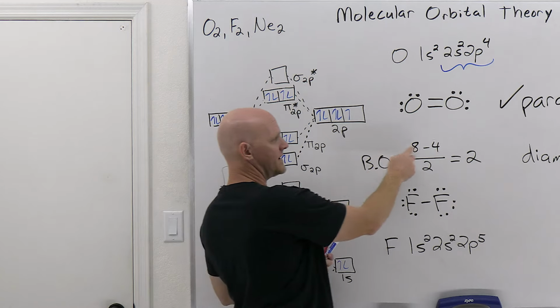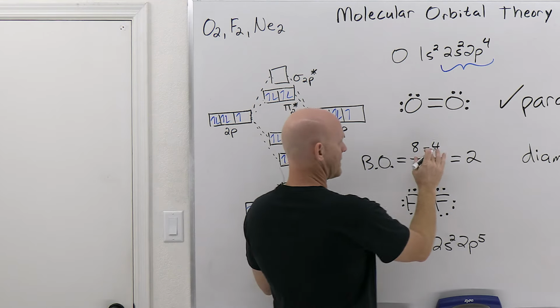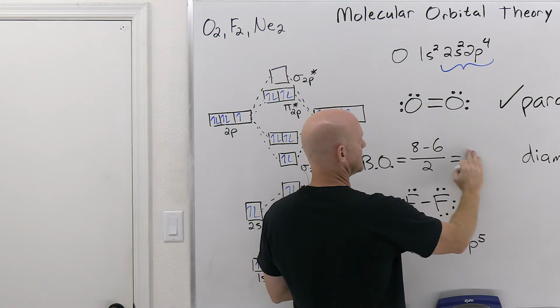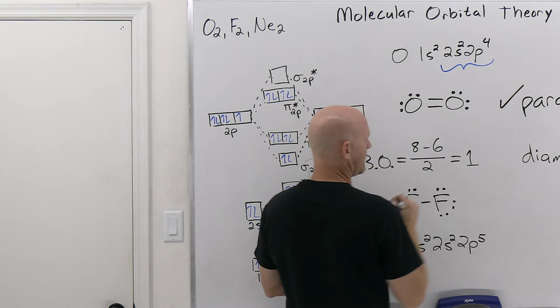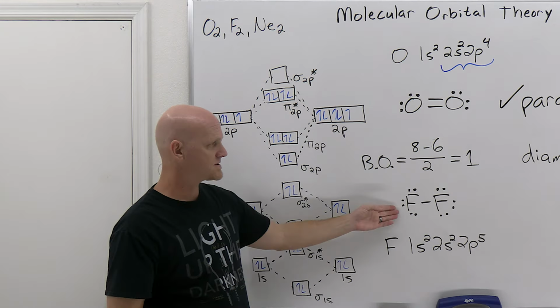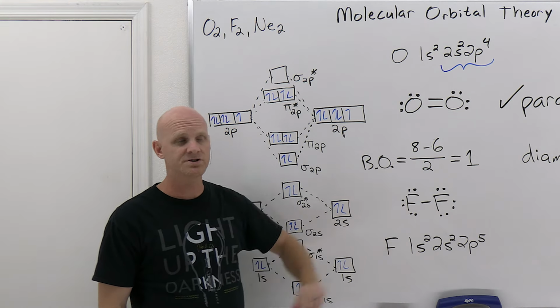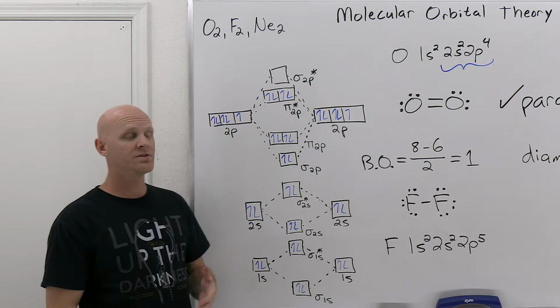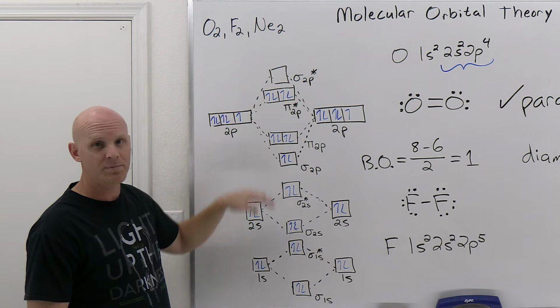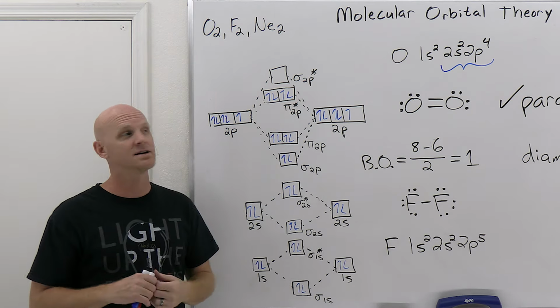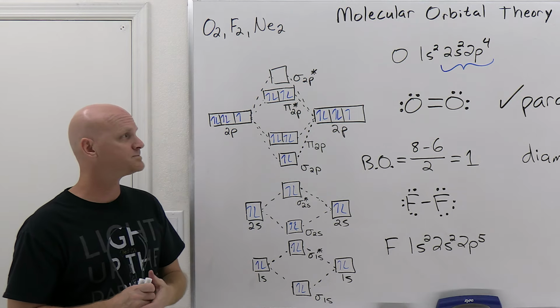So instead of 8 minus 4 over 2, it's now going to be 8 minus 6 over 2, which equals 1. And so F2 has a bond order of 1, which is consistent with the single bond we know exists according to Lewis structures, and life is good. We also see that all the electrons are now paired up, which is consistent with the idea that it is indeed diamagnetic.